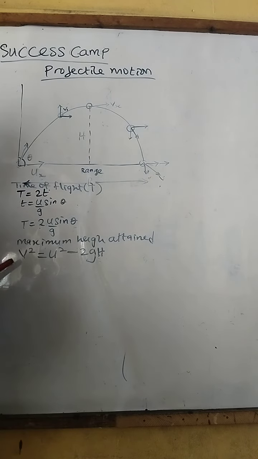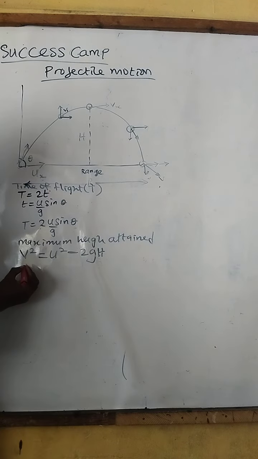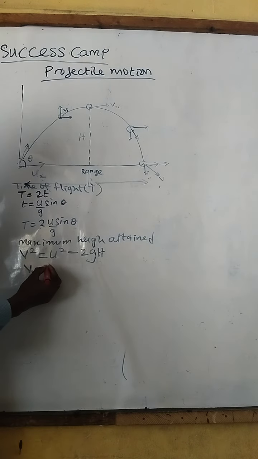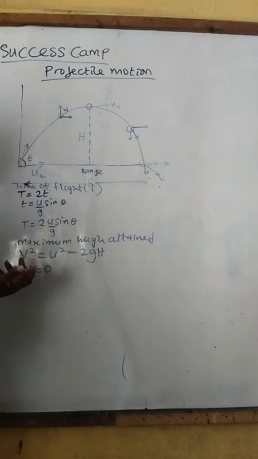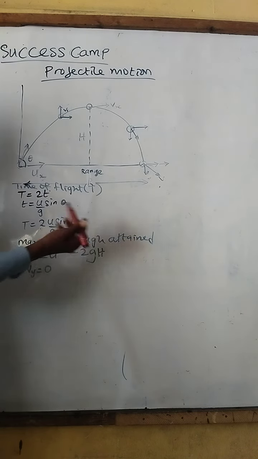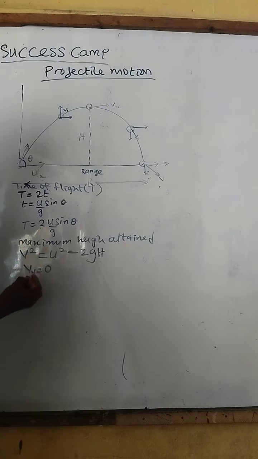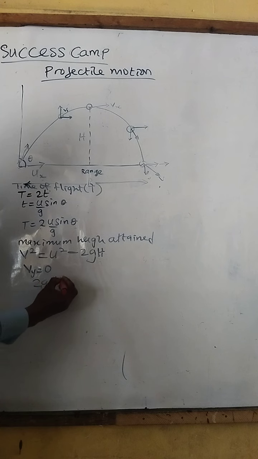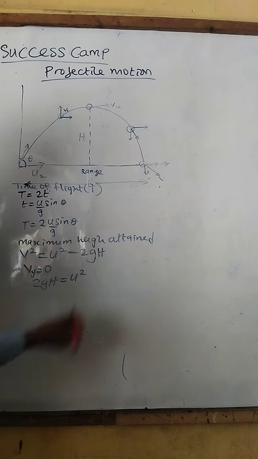At maximum height, my Vy will be equal to 0 because objects are going up, so we cannot get our final velocity. We can only calculate for our initial velocity. So now I can just say 2gh equals u squared.